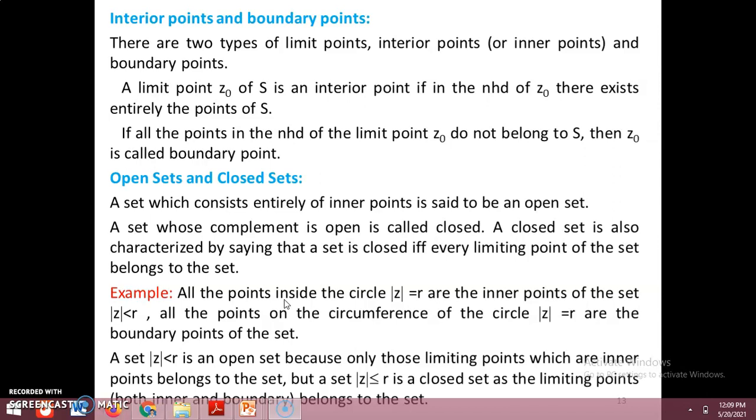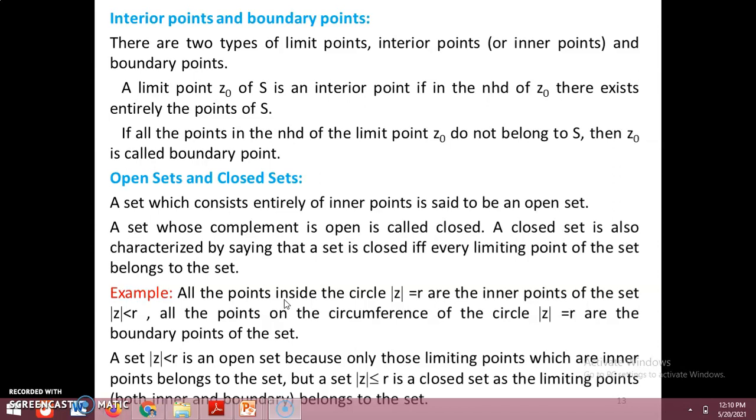Remember that if you take a circle, the set of inner points inside the circle is called an open set, and the set of points including those on the boundary is called a closed set.